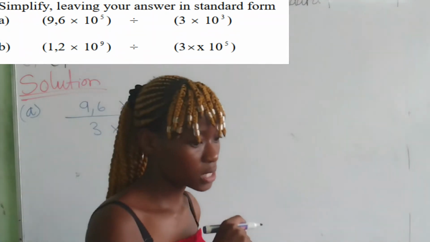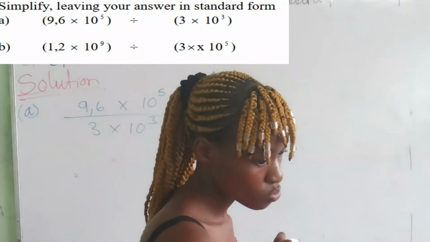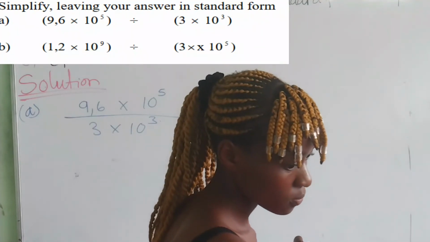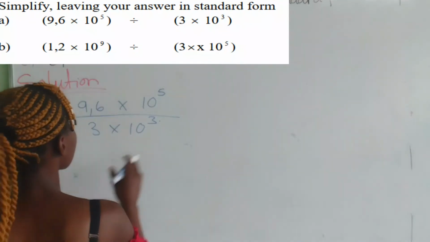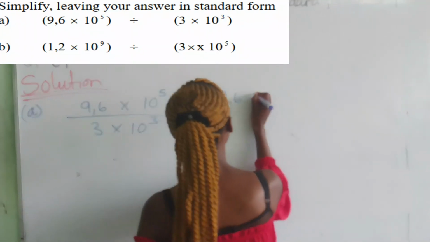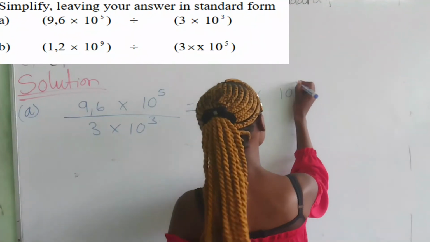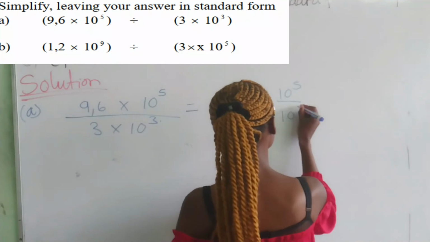For this part, same. It's also correct to say 10 to the power 5 over 3 over 10 to the power 2.